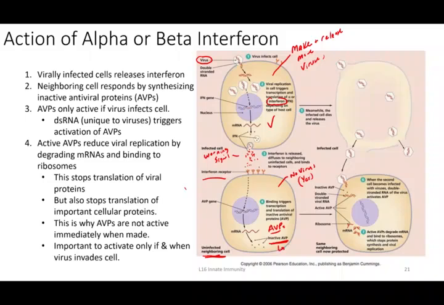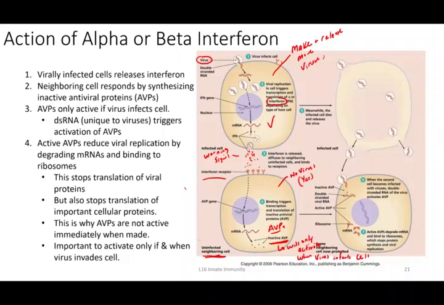And what's important to note, they will only activate when a virus infects the cell. And so that means there needs to be some sort of uniquely viral signal that will indicate that there is indeed a virus present within this cell.